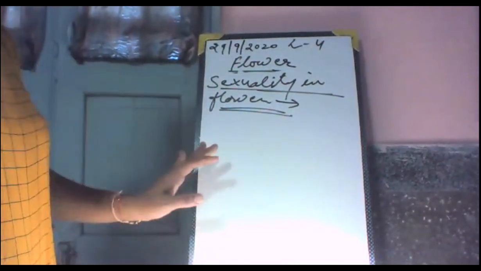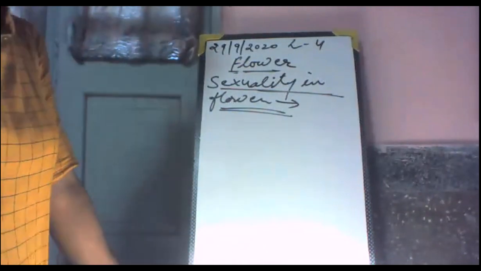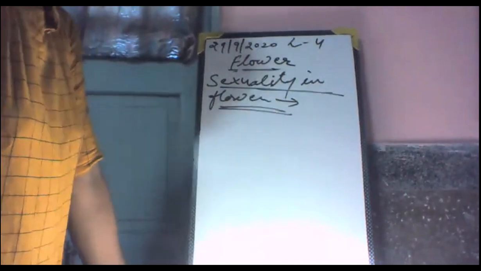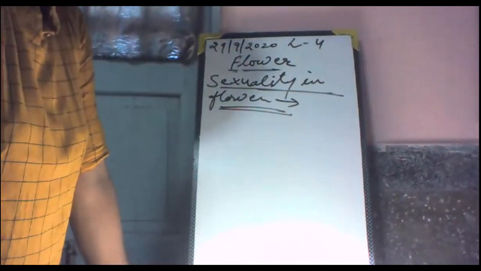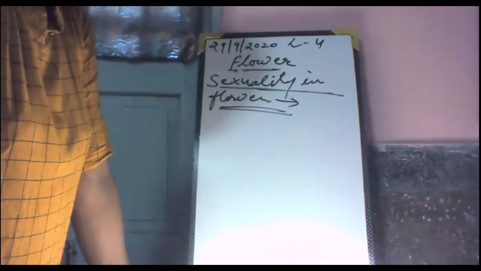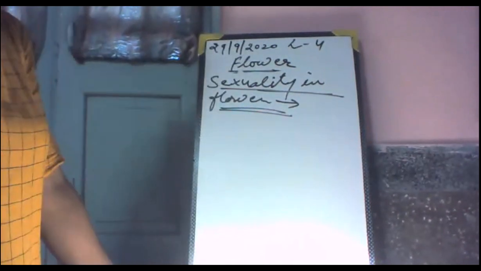Stamens produce pollen and the ovary produces ovules for reproduction. The ovule has eggs in it, known as the female gamete, and pollens are known as male gametes. The stamens and carpels are the male and female parts of the flower.